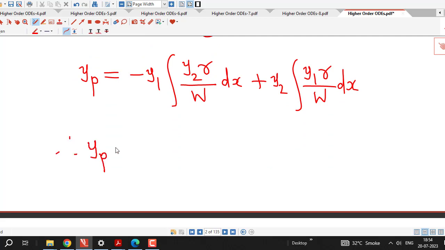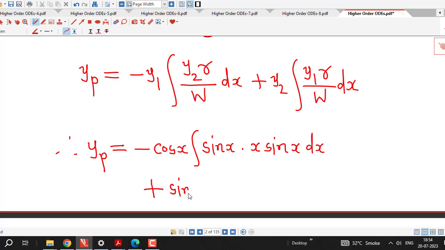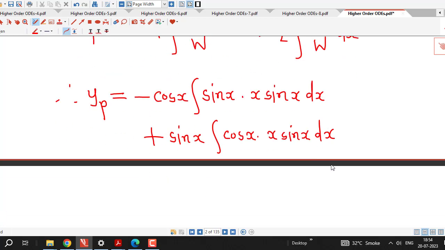Therefore now we substitute values of y1, y2 and the Wronskian. Wronskian is 1, y1 is cos x, and r is x sin x, y2 is sin x, r is x into sin x, integral with respect to x, plus y2 means sin x, y1 is cos x, and r of x is x sin x, and the value of w is 1.